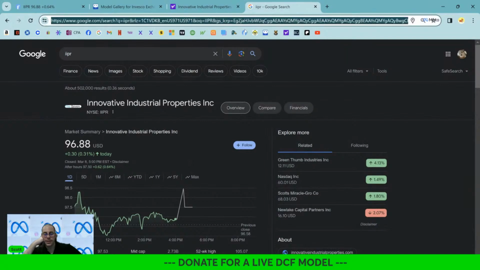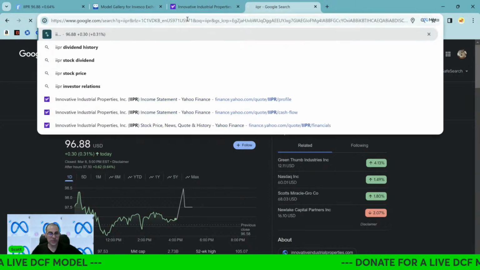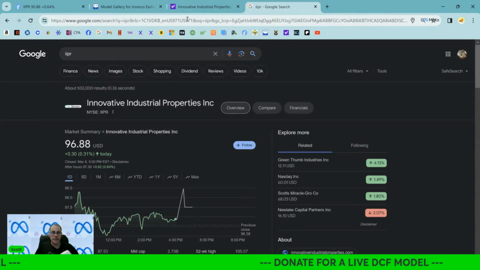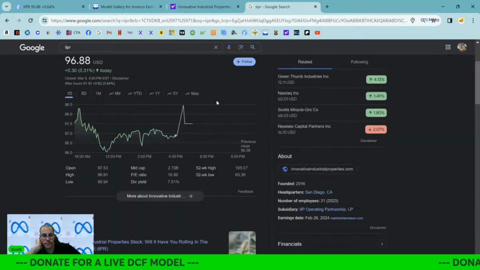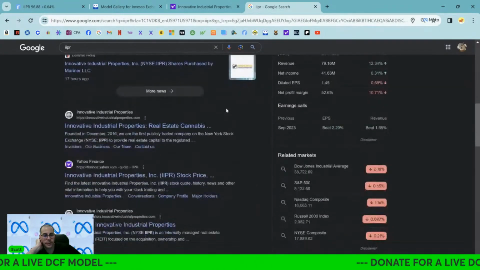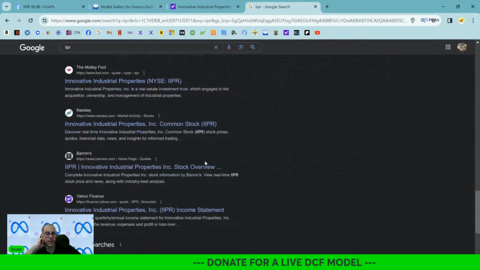So they lease space to cannabis companies. They buy the real estate and lease it to companies that are growing marijuana, or I guess just selling marijuana.